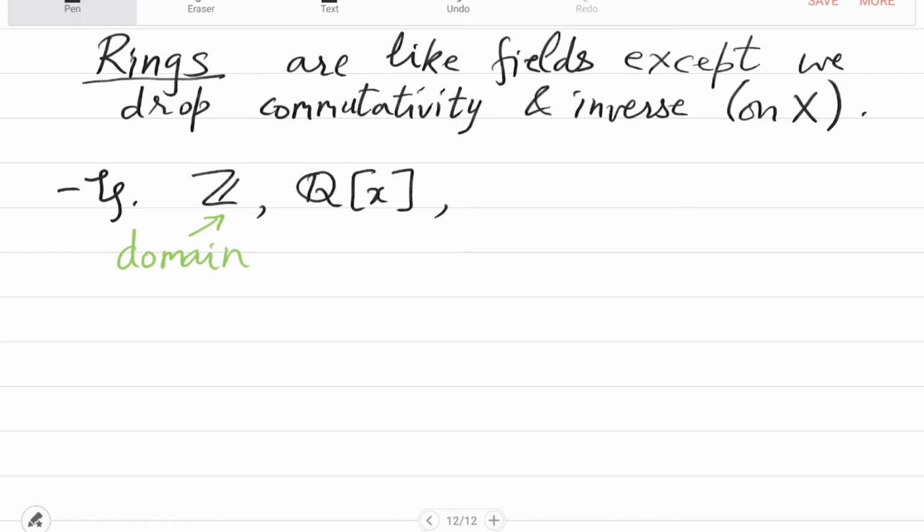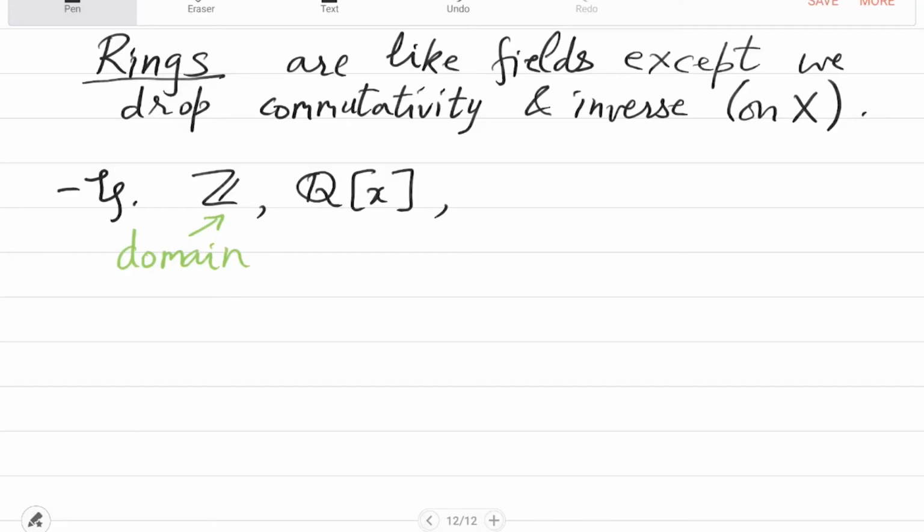Inverse is tricky because even x you won't be able to invert. The symbol x doesn't have an inverse, right? So it's only the inverse which is a problem. Otherwise, this object is called a polynomial ring. And there are fancier rings like the ring of quaternions.